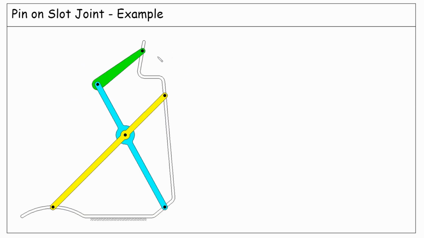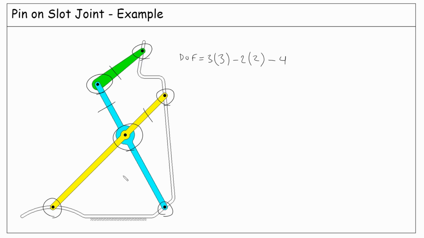In the next example, this long slot is on the ground. The degrees of freedom is 3 times 3 bodies, minus 2 times 2 pins here and here, minus 4 pin on slot joints, and the degrees of freedom is 1.